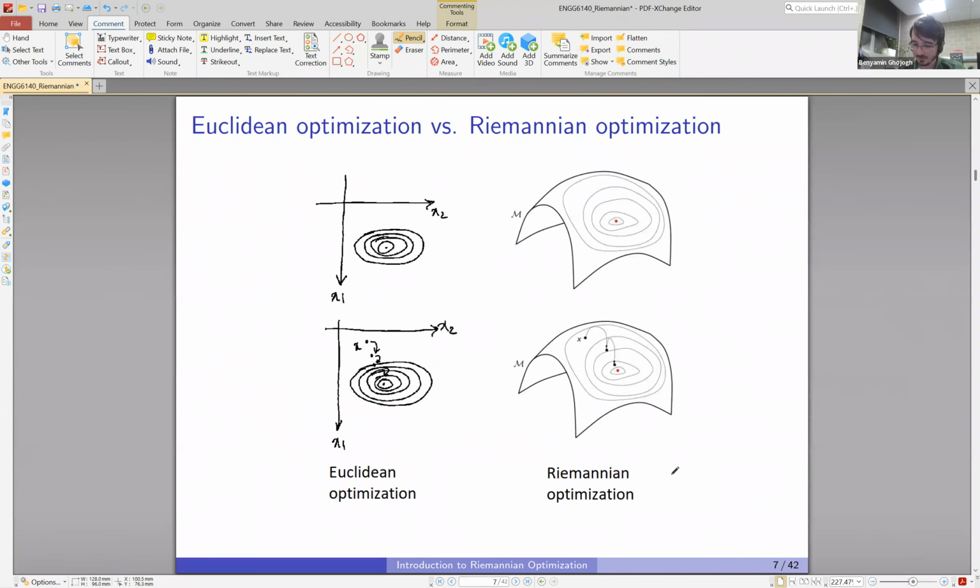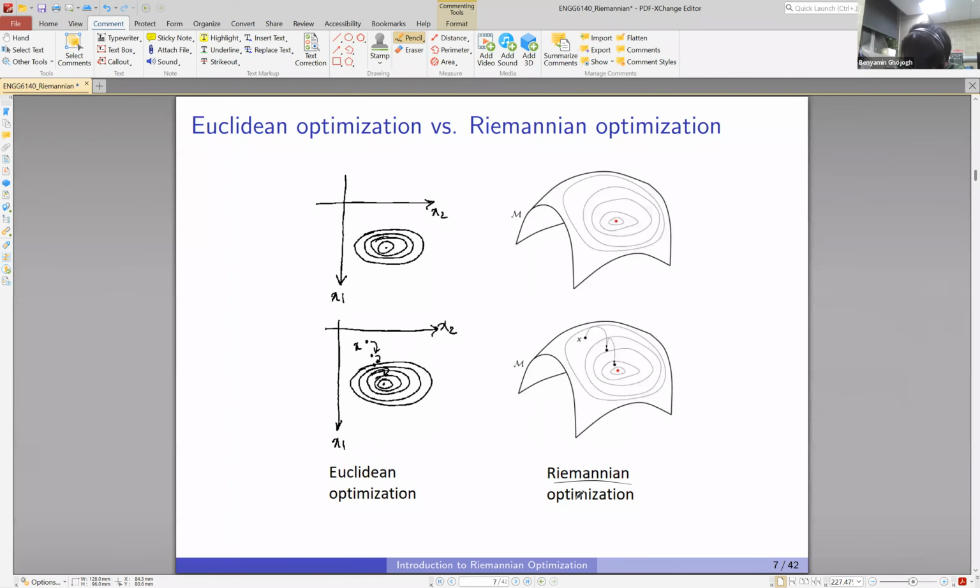Okay. What do we do in Riemannian optimization? In Euclidean optimization, assume we're looking from above. I'm starting from some initial point in the D-dimensional space, and then iteratively I'm going toward the solution. For example, like in gradient descent, in first-order methods, I'm gradually moving toward the solution, right?